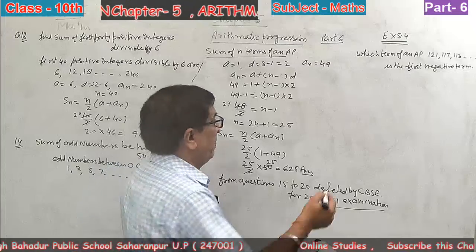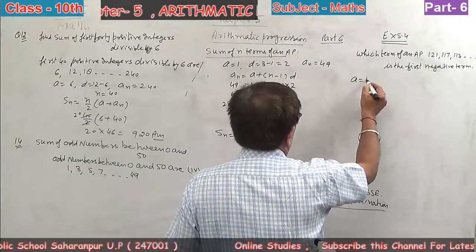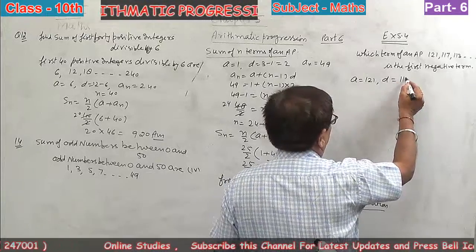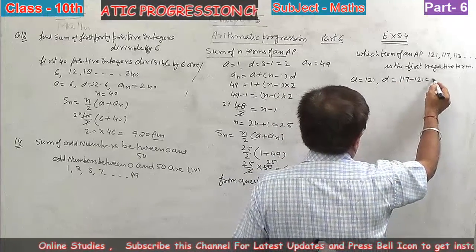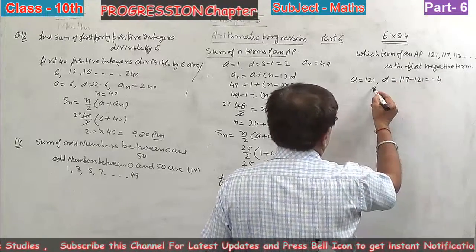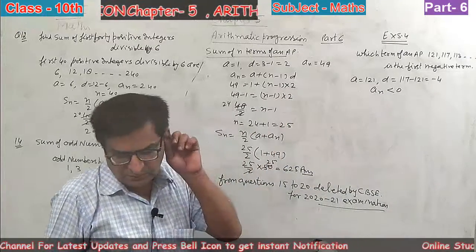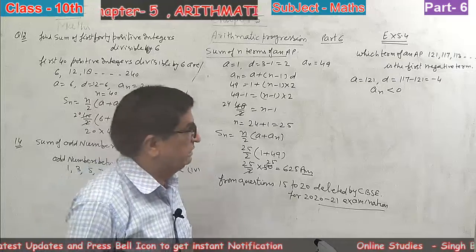A is 121, D is 117 minus 121, that is minus 4. An is less than 0, it is given first negative term.